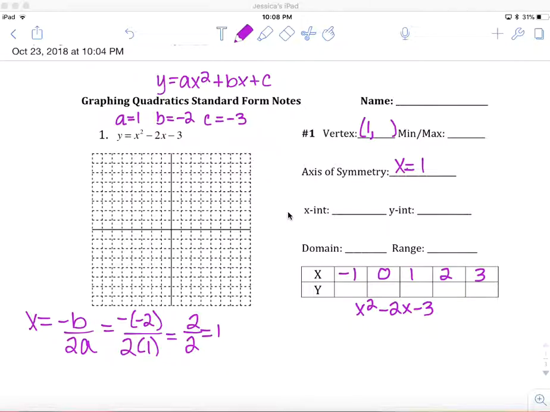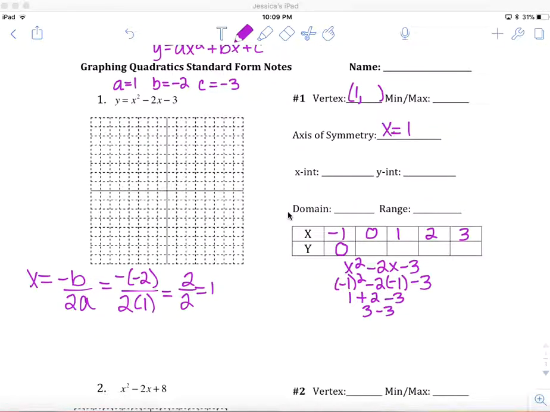So starting by plugging in negative 1, I have negative 1 squared minus 2 times negative 1 minus 3. This comes out to positive 1 plus 2 minus 3, and 3 minus 3 means this value is at 0.